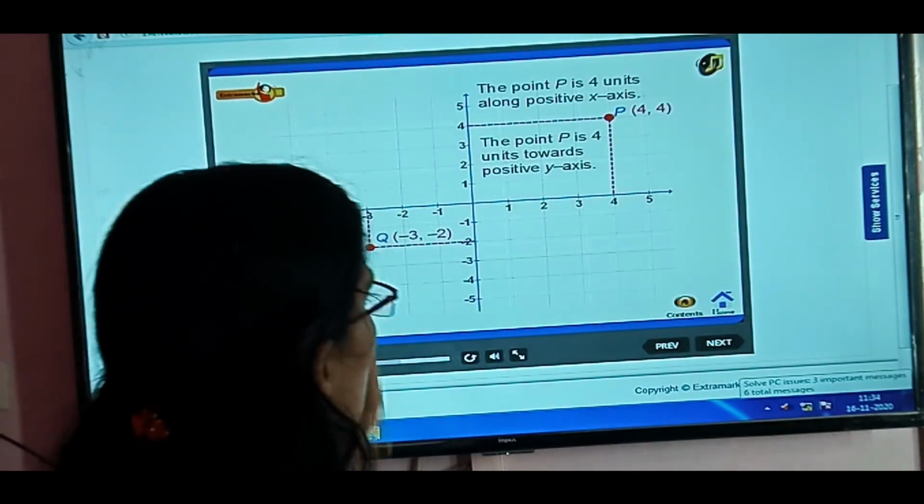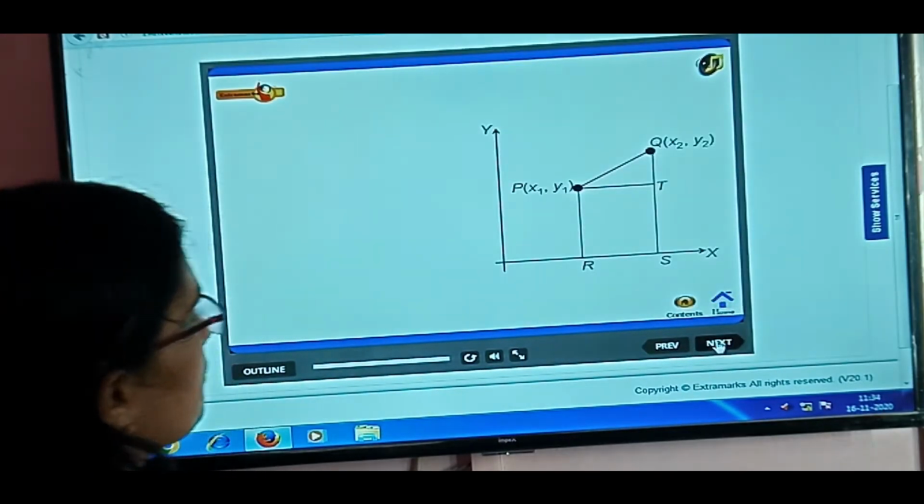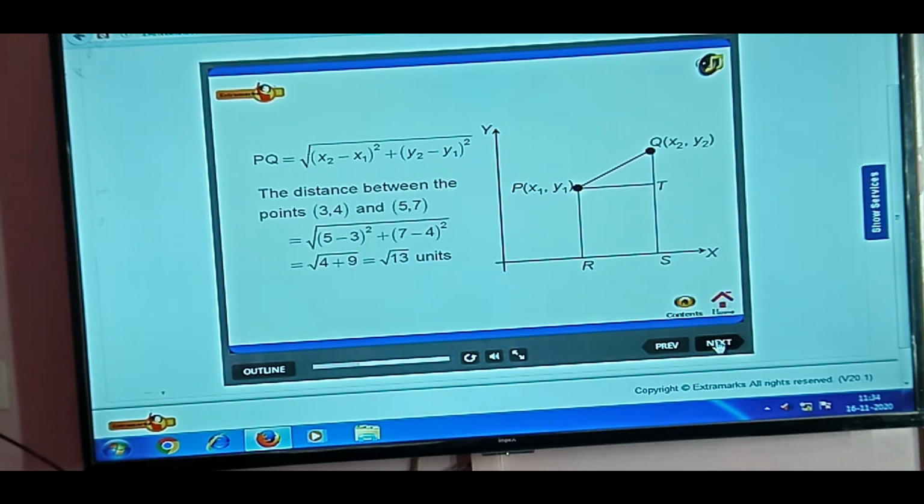All these you have studied in small classes. Move to next page. We also know that the distance between the 2 points P and Q, whose coordinates are as shown, is given by the following formula. For example, the distance between the 2 points 3, 4 and 5, 7 can be calculated in the following way.